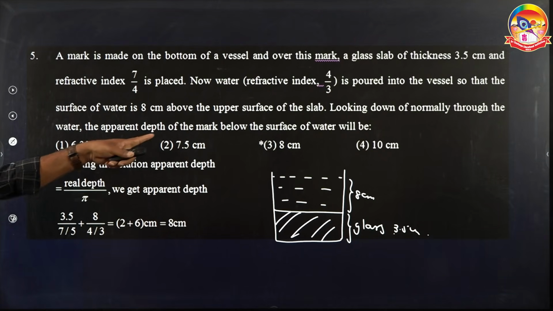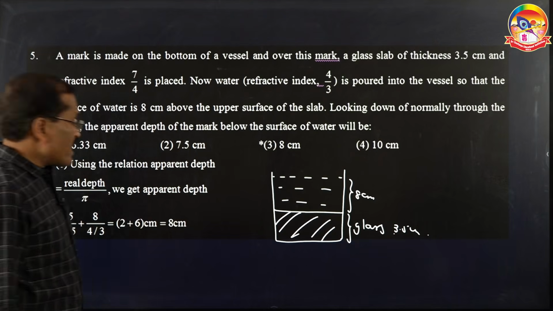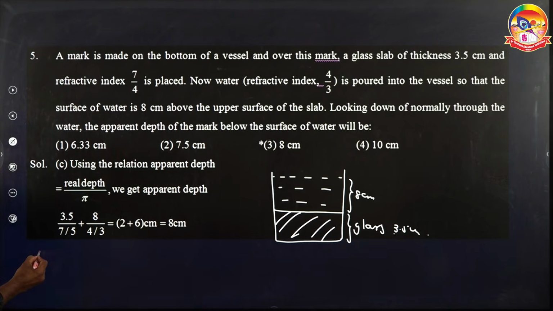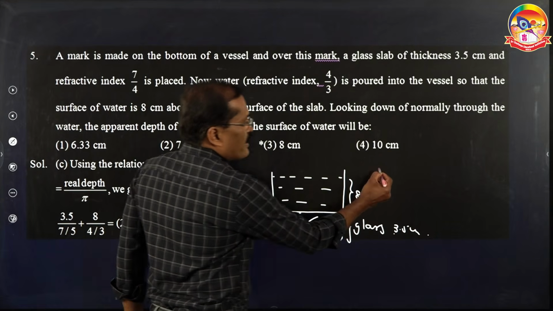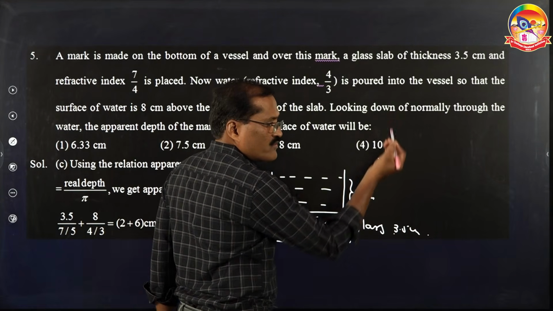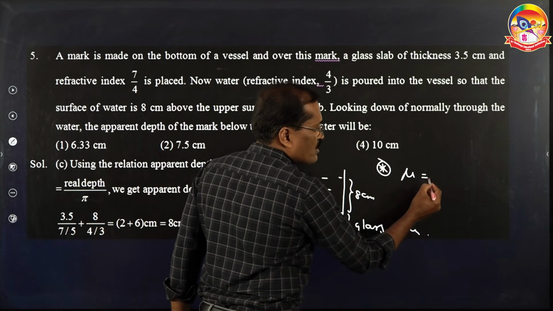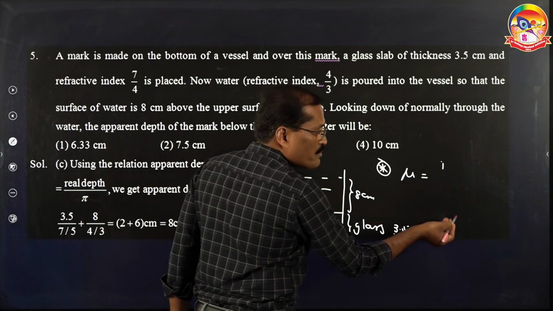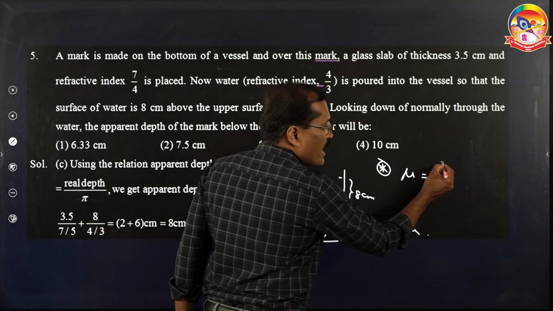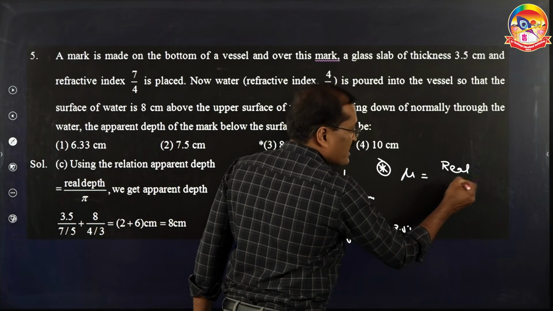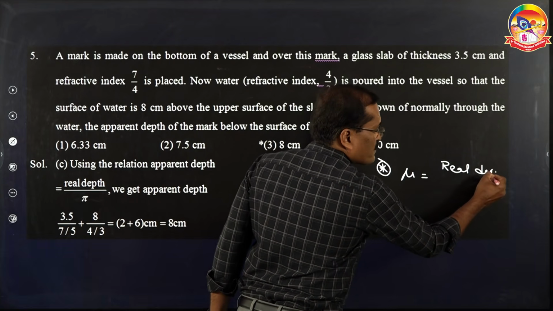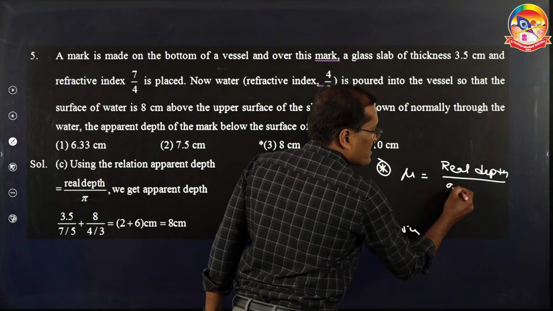Looking down normally through the water, the apparent depth of the mark is equal to what? For this, one more formula we can say: refractive index, as we discussed with the critical angle, is equal to denser medium to rarer medium, or rarer medium to denser. Here I am taking real depth by apparent depth.